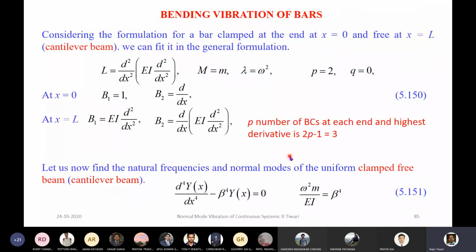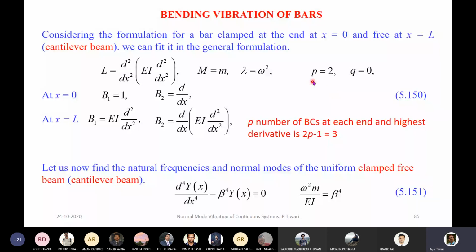Now let us compare this eigenvalue problem with the general operators which we define. The L operator here will be fourth order differentiation. The M operator will remain the same. Lambda we are defining as omega square. So here we have 2p is equal to 4, so p will be 2. Q anyway is 0.